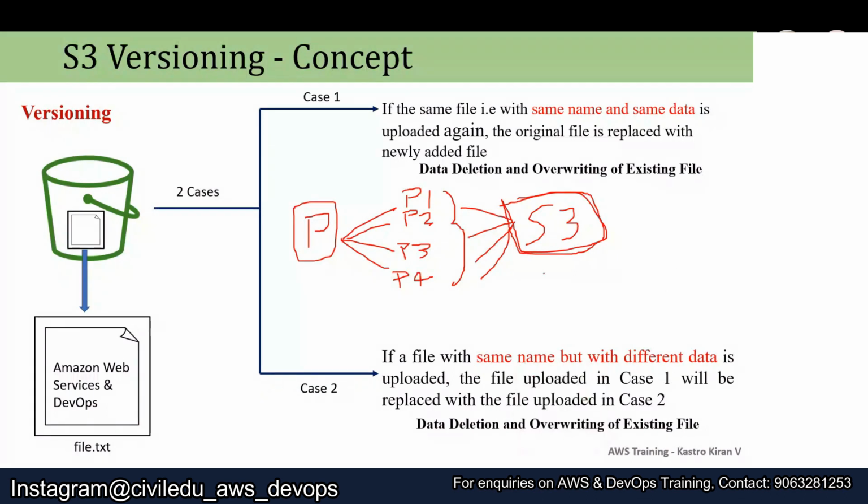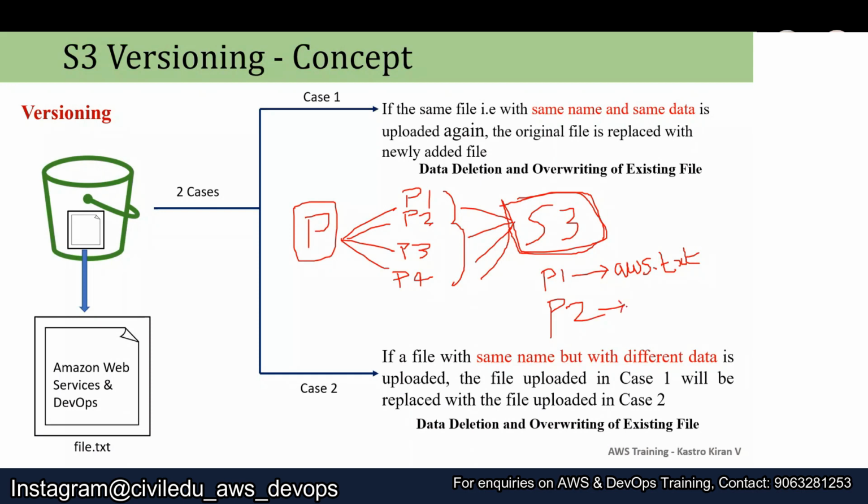Now, let's assume that person 1 has created a file called aws.txt. Person 2 also created a file with the same name.